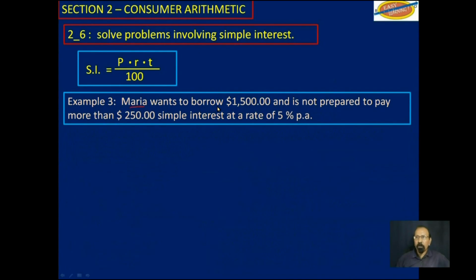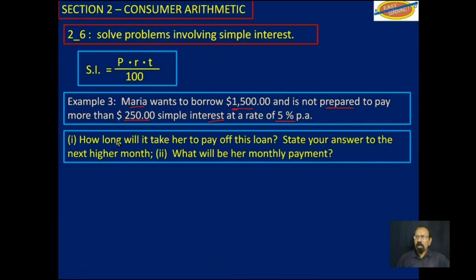Maria wants to borrow $1,500 and is not prepared to pay more than $250 simple interest at a rate of 5% per annum. So how long will it take for her to pay off this loan?